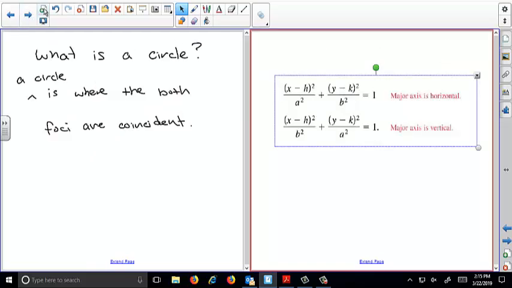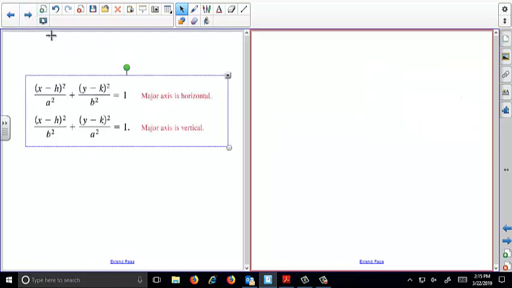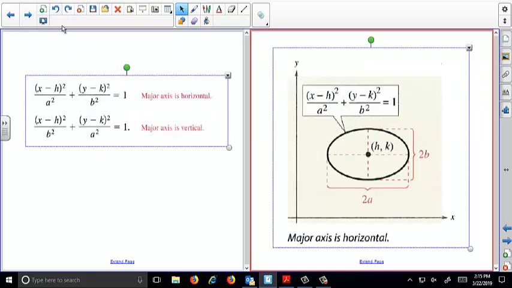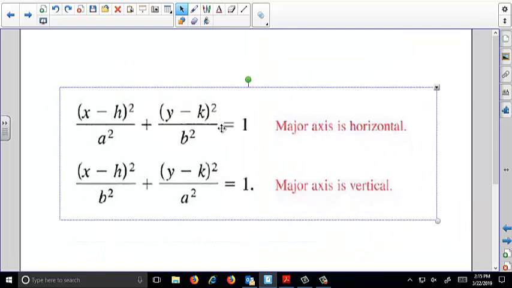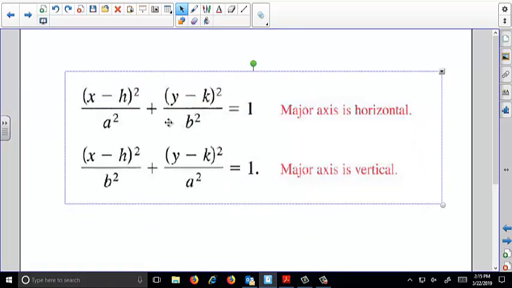Okay. Now, the standard form of an ellipse looks something like this. And all of these pieces of information help you plot it. So h and k are the center of the ellipse. A is half the length of the major axis.